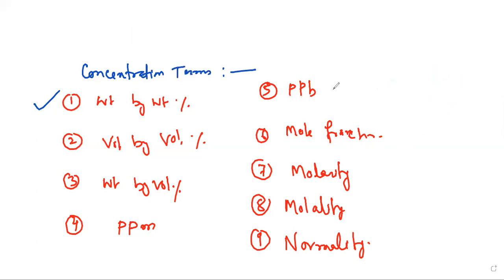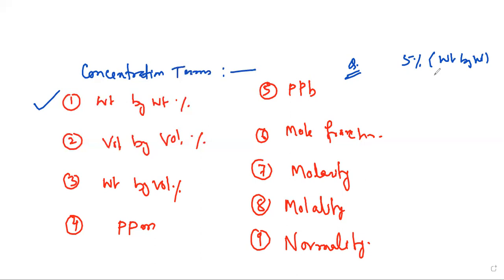A solution of NaCl in water is 5% weight by weight. 5 gram NaCl is present in 100 gram of solution.